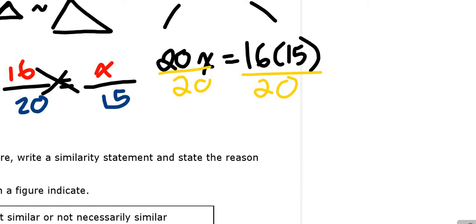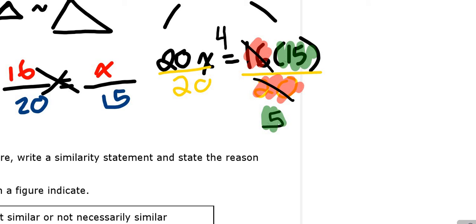So step 1 is I'm going to factor the 16 and the 20. I know 4 goes into both. 4 goes in there 5 times, 4 goes in there 4 times. Then I'm going to factor the 5 and the 15, and I get 3. So our unknown here is going to equal 4 times 3, which is 12.